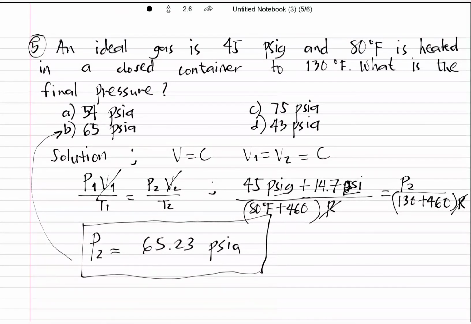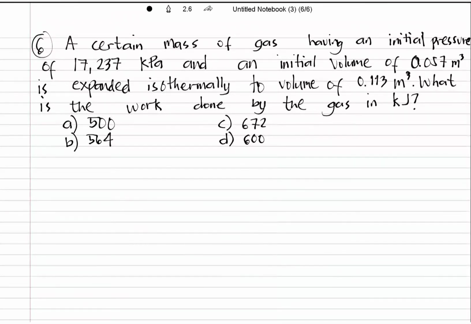So, for our last problem, proceed tayo. Problem number 6. A certain mass of gas having an initial pressure of 17,237 kilopascals, and an initial volume of 0.057 cubic meters, is expanded isothermally to volume of 0.113 cubic meters.